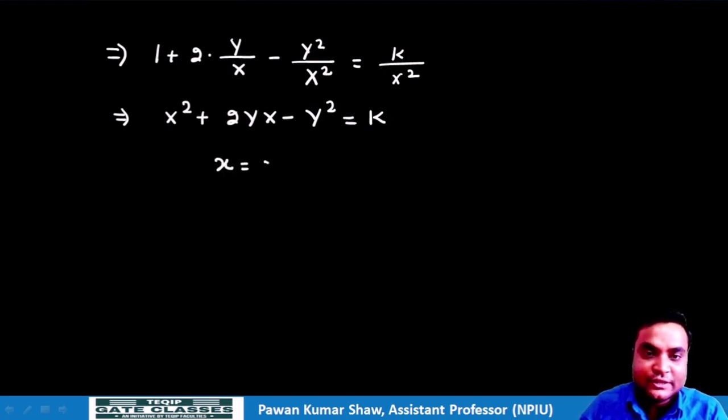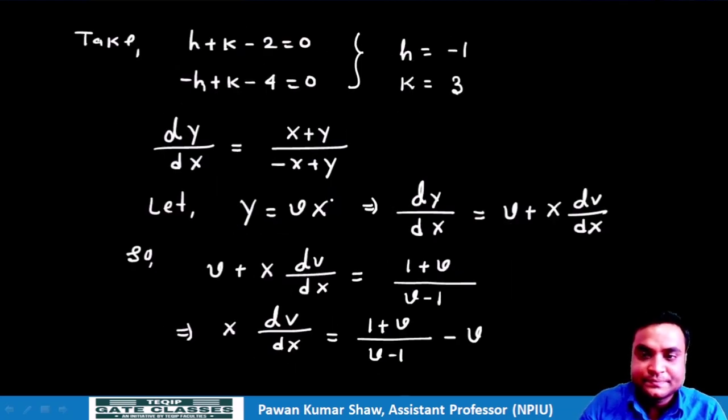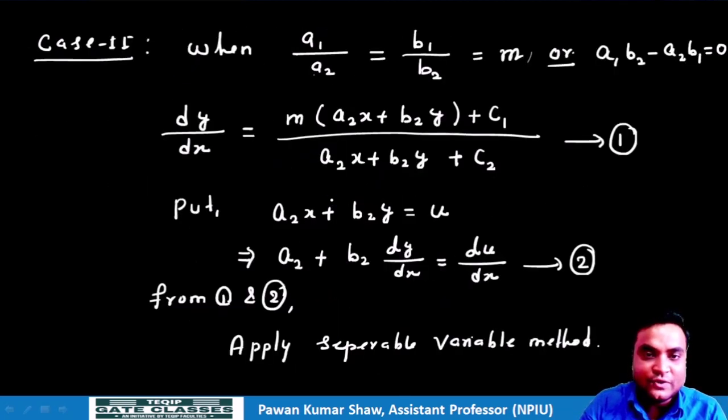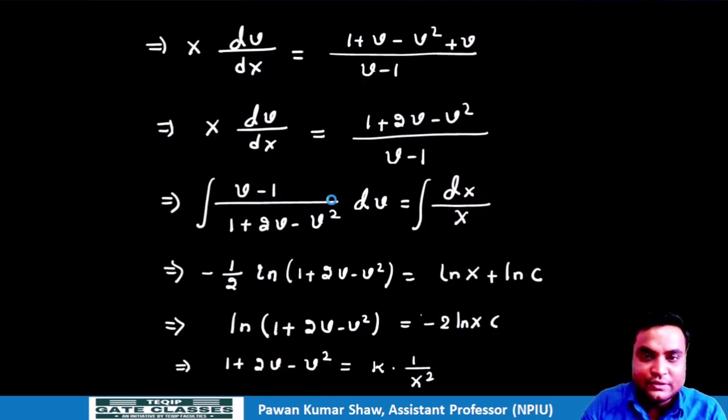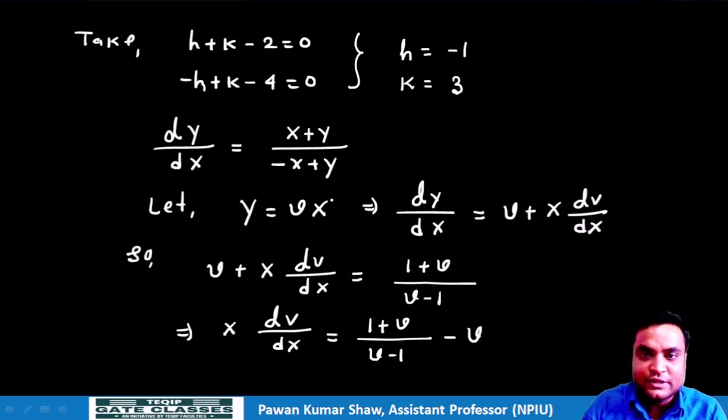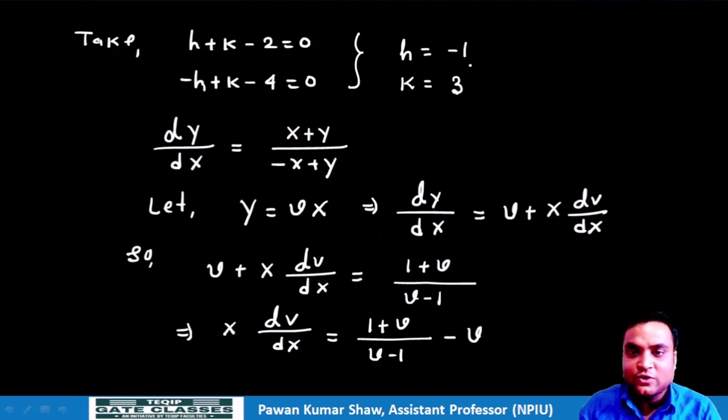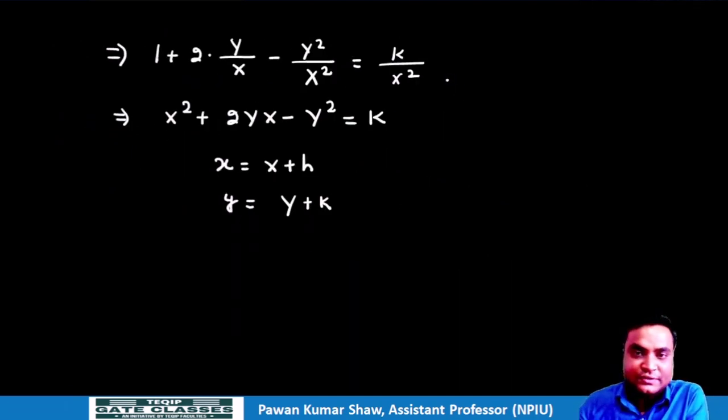x equal to capital X plus h, and y equal to capital Y plus k. And what are our h and k? H and k, we already calculated the value of. h was minus 1 and the value of k was 3.